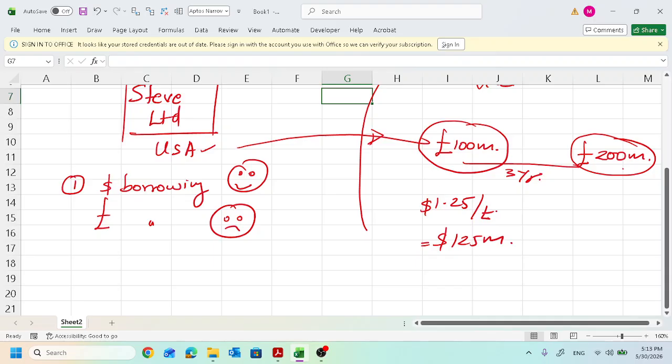Suppose after 3 years the exchange rate has gone down to, let's say, 0.8 per pound, worst case. Now when you exchange 200 million at 0.8, you get only 160 million dollars. So in terms of pounds, the investment has doubled, but when you convert to dollars, you invested 125 and you are getting only 160. It doesn't look that attractive.